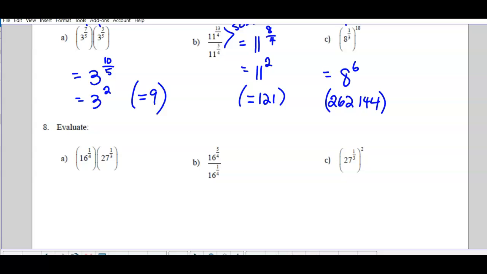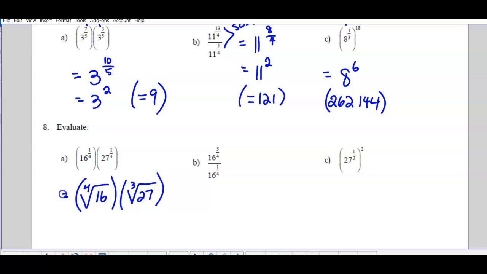So this here, you could convert this to the 4th root of 16, okay, and then the cubed root of 27. Okay, that's one way to convert it to radical form. Or you could, because they're different bases, like we can't do anything right now with those exponents because they're not the same base.